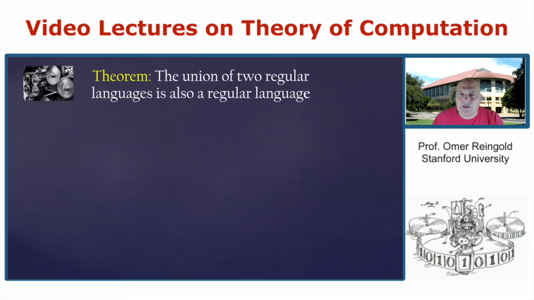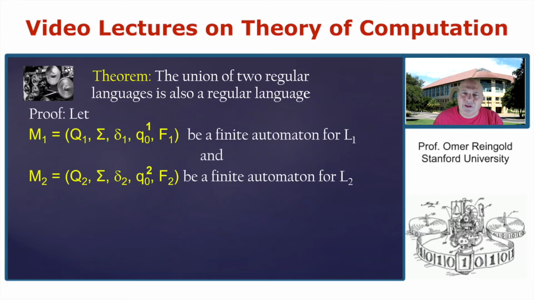And to prove it, this will denote our proof. We'll recall that L1 and L2 are regular. We need to take advantage of this property. This is essentially the only thing we know about L1 and L2. And the fact that they are regular means that there are finite automata M1 and M2, such that L1 is the language that M1 recognizes, and L2 is the language that M2 recognizes.